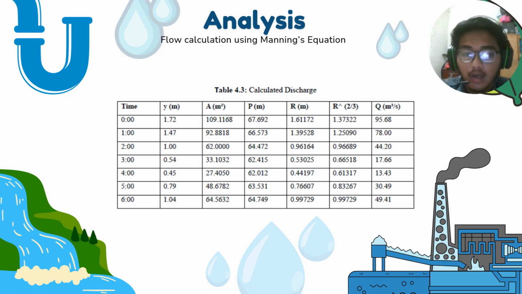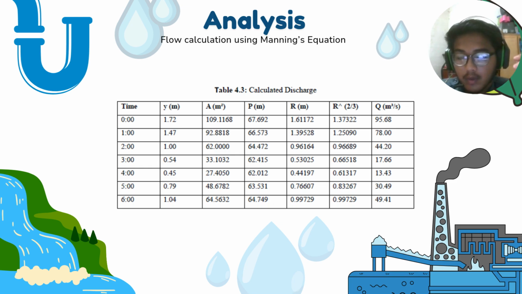For a trapezoid, as we know, area equals (b plus zy) times y, and then we must find the wetted perimeter for the trapezoidal shape, which is wetted perimeter equals b plus 2y square root of 1 plus z squared.